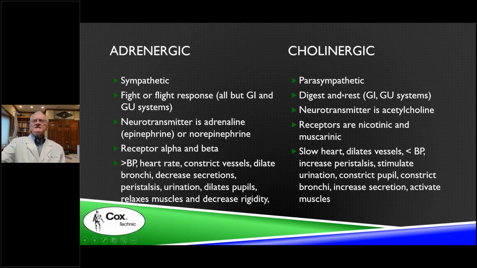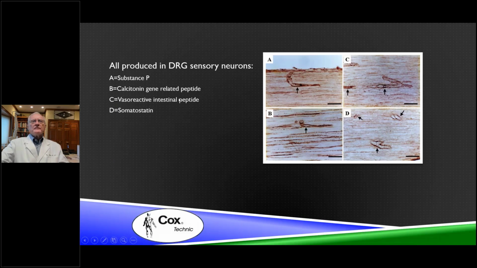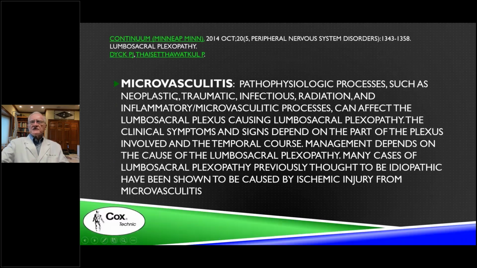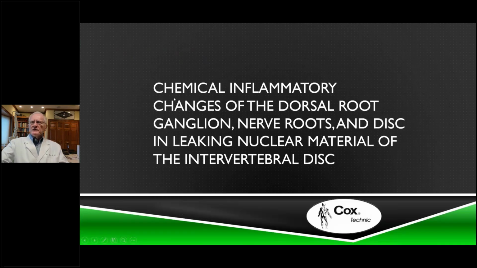So why do we stimulate the vagus nerve when we treat? That's again not the purpose of this, but is to create parasympathetic to drown out sympathetic. We live in a very hyper world. We create microvasculitis when we have neural compression. The chemical inflammatory changes. Let's look a little closer at this, may we?